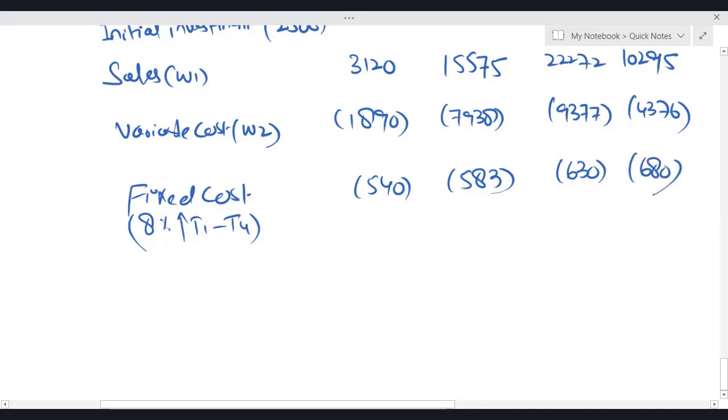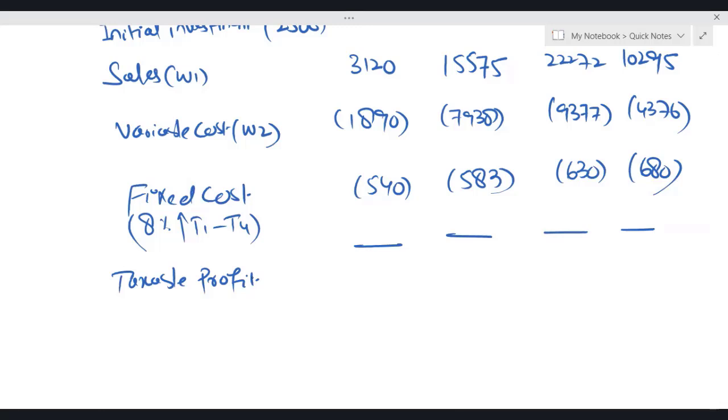Okay, very easily we can calculate taxable profit now. 3,120 minus 1890 minus 540.